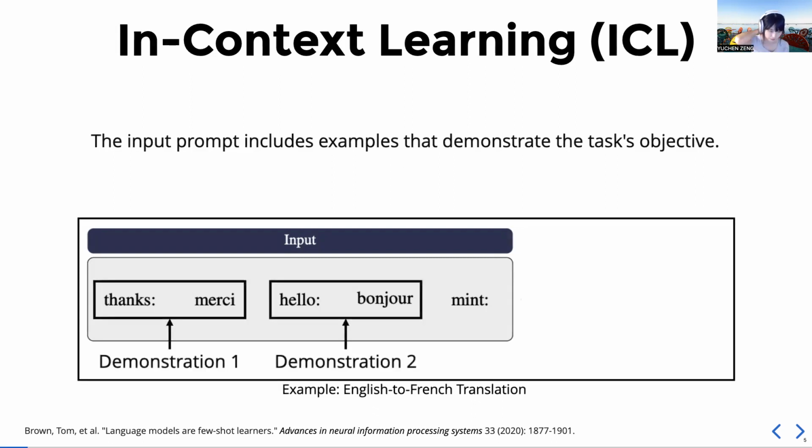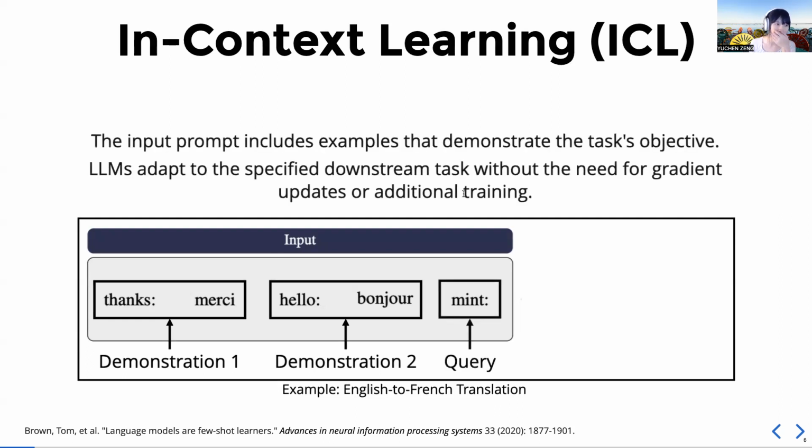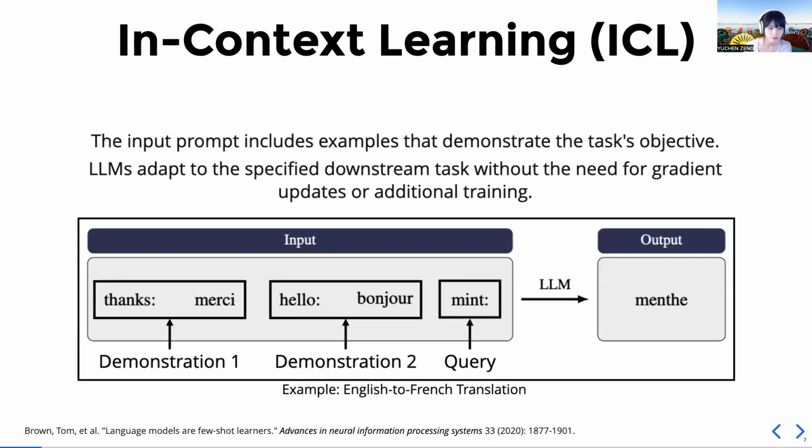Here in the input prompt, we have two demonstrations. We provide some examples of English to French translation, and just by providing those in-context demonstrations, the LLMs can adapt to the specified downstream task without the need for gradient updates or additional training.